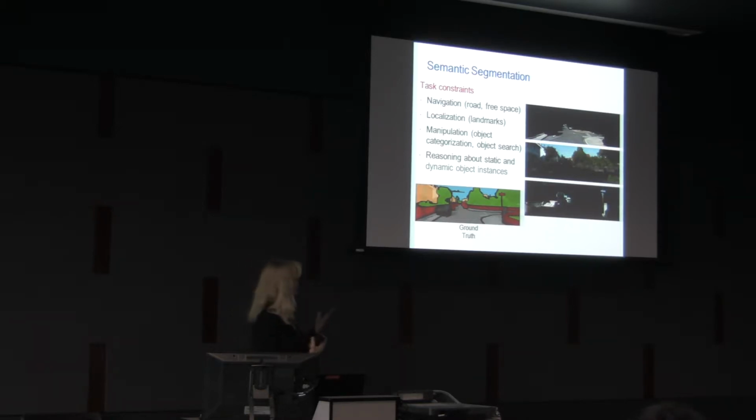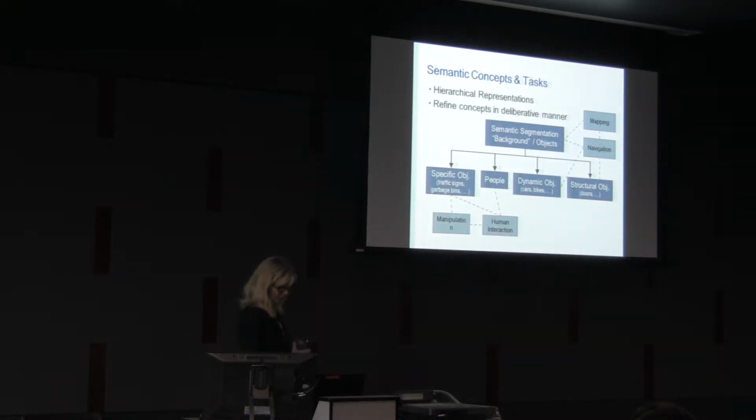And then, of course, there are the other dynamic objects, which can then be categorized. This task dependency suggests a natural hierarchical categorization of these semantic labels.